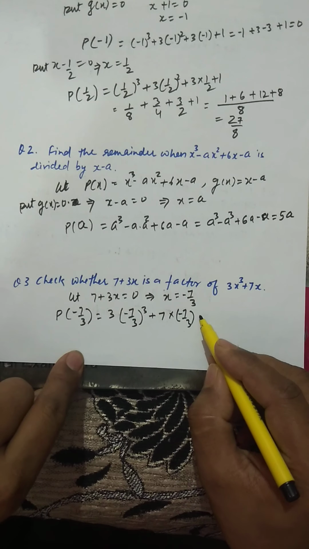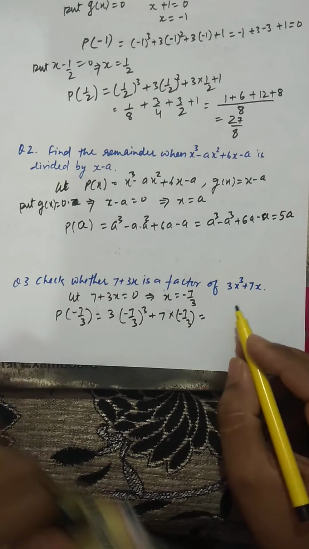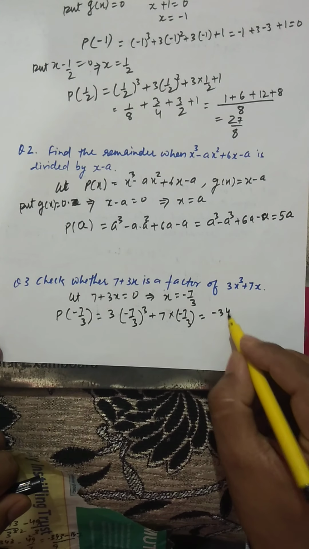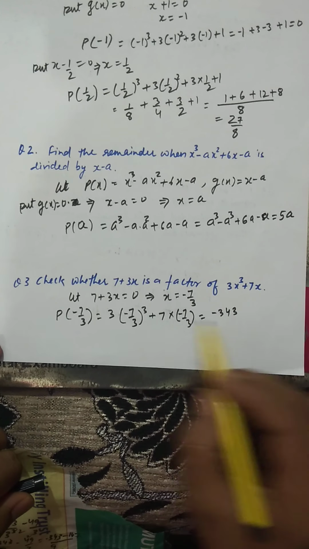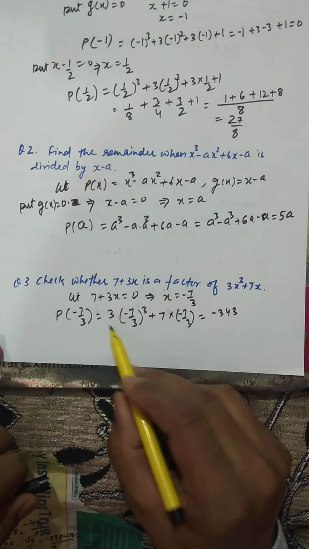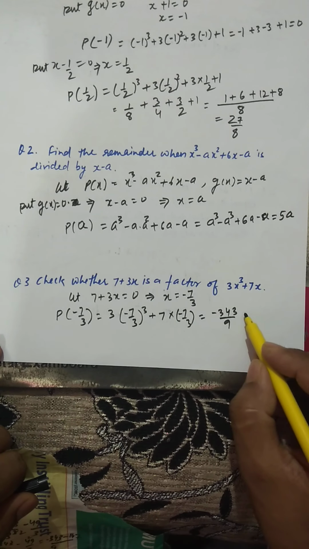So now we simplify this. After simplifying, I am getting 343, because 7 cube is 343, and this 3 and this 3 cube, if 3 can be cancelled, it will be 9, and this is minus 49 by 3.